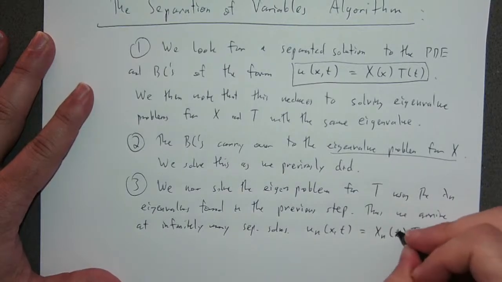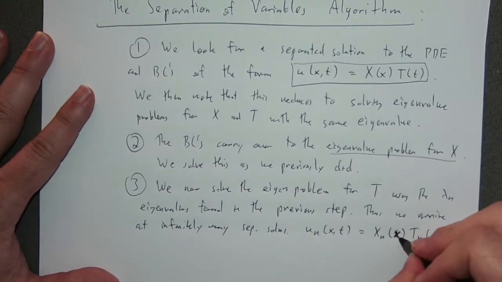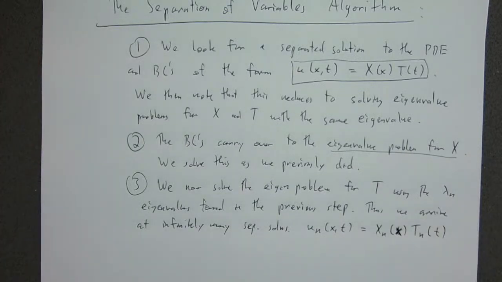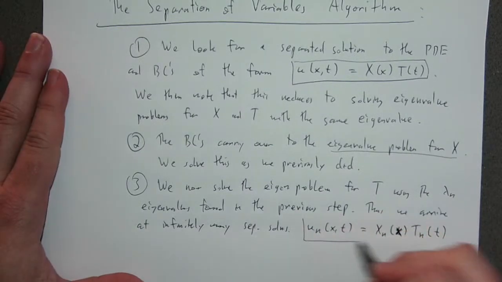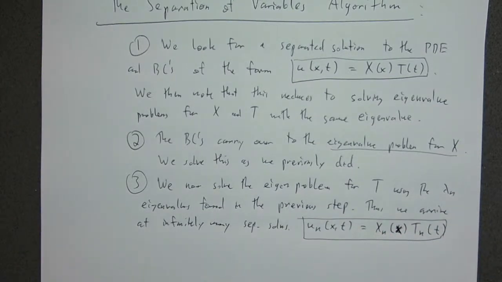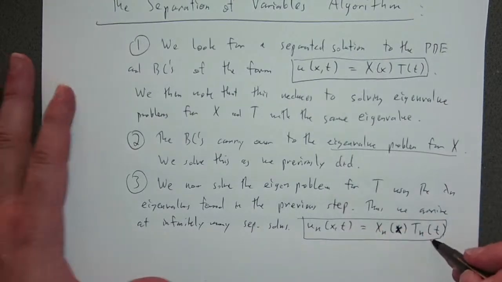I keep writing X of t. This is X sub n of x and T sub n of t. Okay, so these are separated solutions to the PDE and the boundary condition.